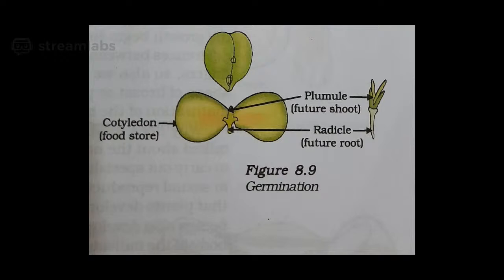It is above the soil. The cotyledons in the dicots remain above the soil. When you observe the saplings, by seeing the leaf, you can differentiate it as monocot or dicot.